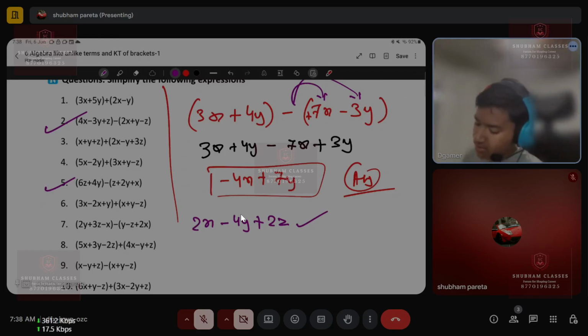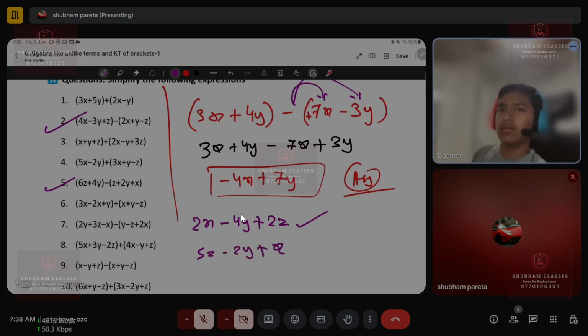5z plus 2y minus x. Okay, so it should be plus 2y.